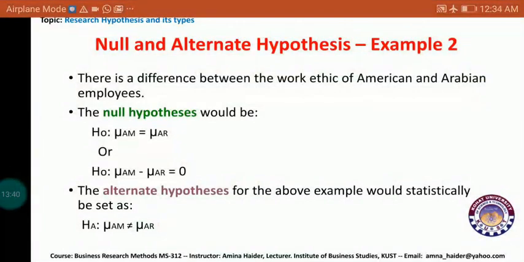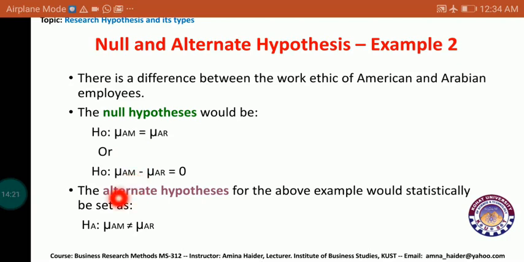Another example to explain it: there is a difference between the work ethic of American and Arabian employees. Previously we explained it under the non-directional hypothesis. Like previously, we said that in the null hypothesis there is no difference among the groups. So the statement H0, which indicates the null hypothesis, says that there is no difference between the work ethics of American and Arabian employees.